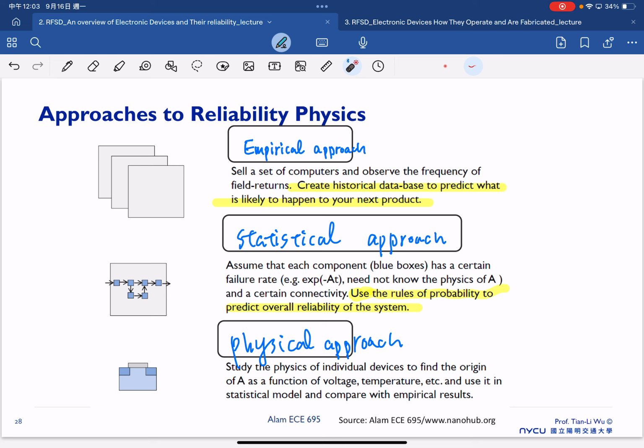So we study the physics of an individual device, and then to understand the origin of A as a function of voltage, temperature, and so on. So that's a physical approach. In this class, we mainly focus on statistical and physical approaches here.